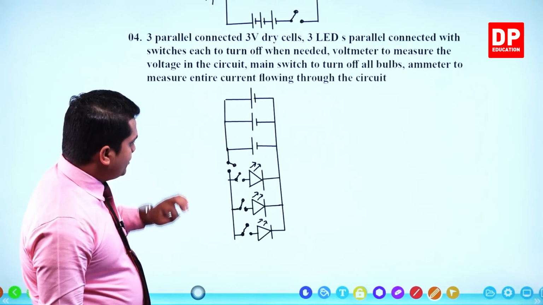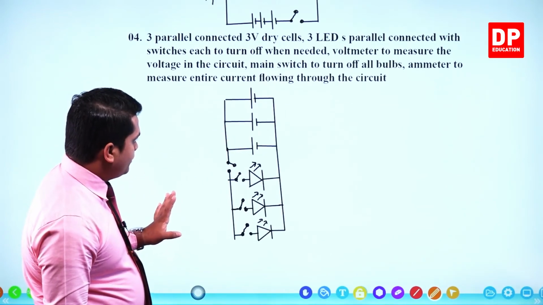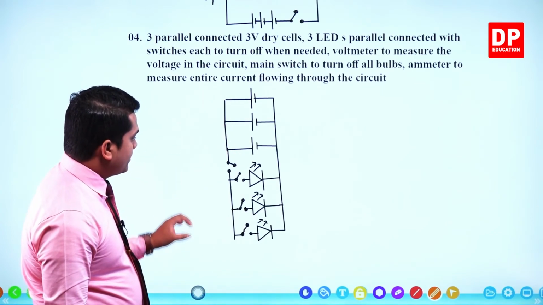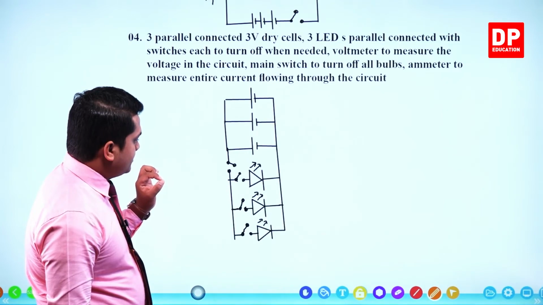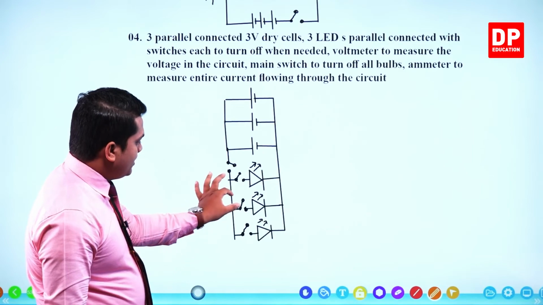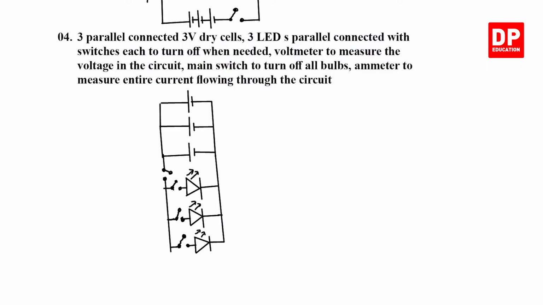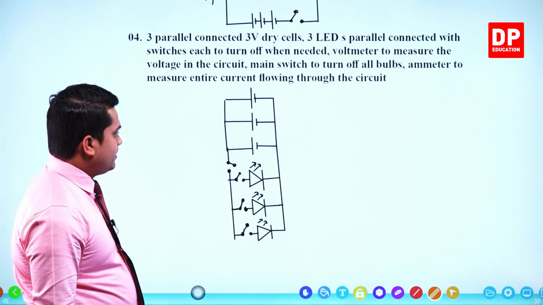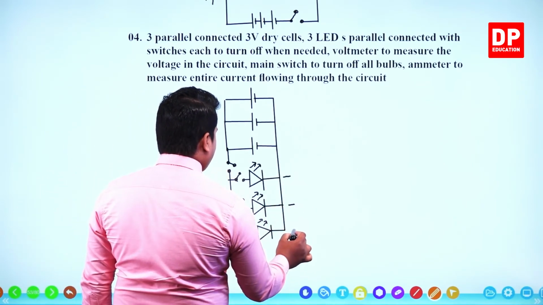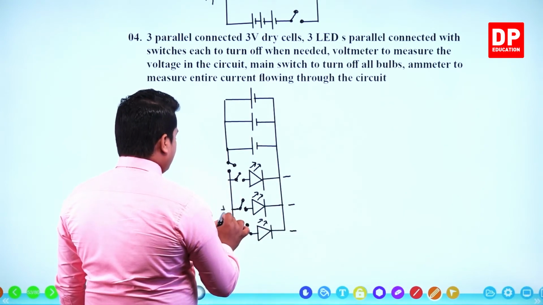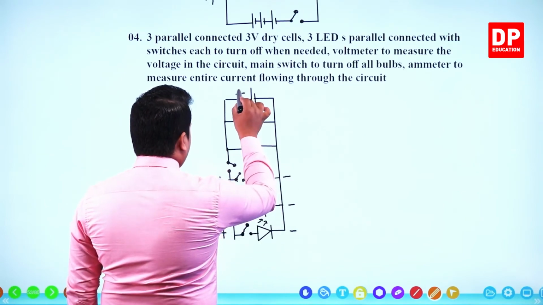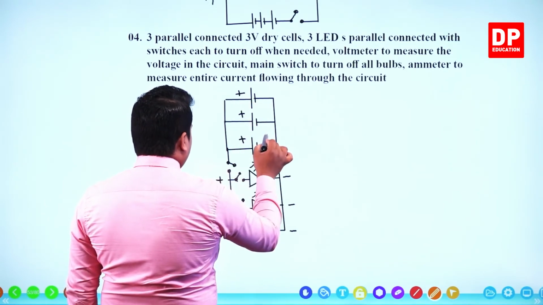This switch needs to be turned on first of all in order to flow electricity from these three parallel connected dry cells. Then after that, by turning on this one only, you can light up the first bulb. If you turn on this one, then you can turn on the second bulb, this one, third one. Always remember, this is the negative terminal. These are the positive terminals. Right? Positives, negatives.